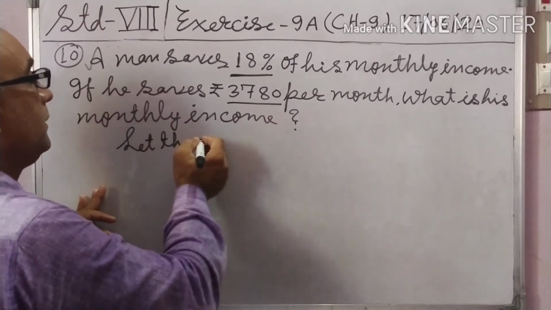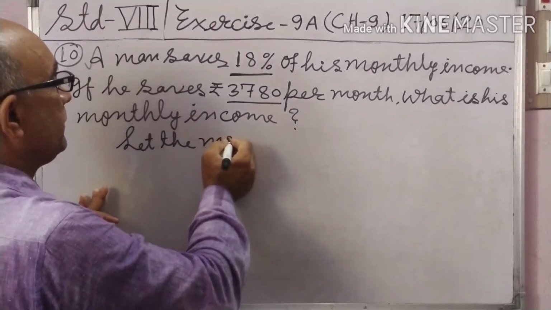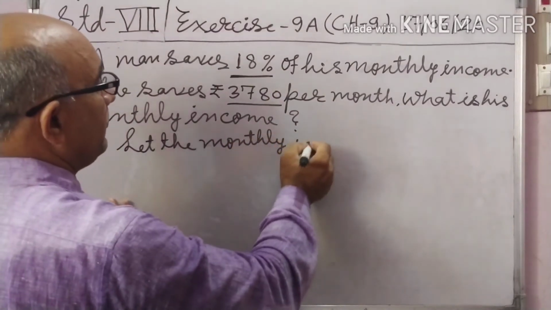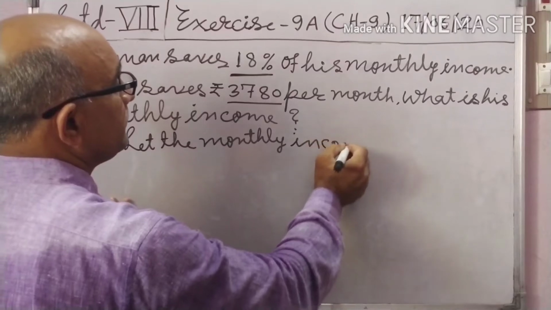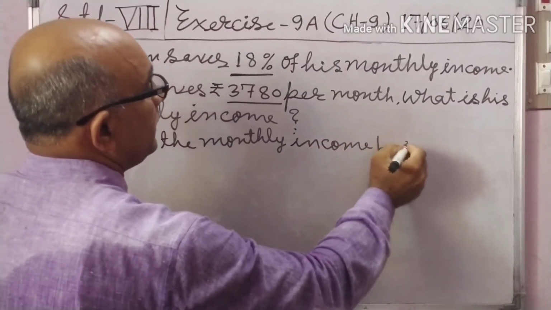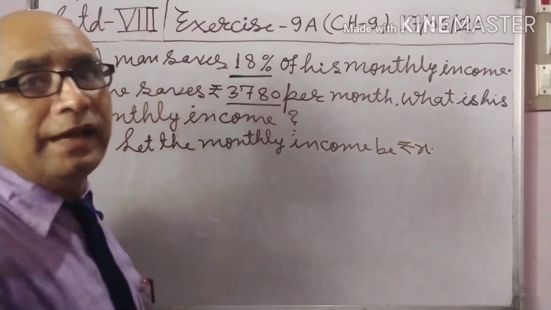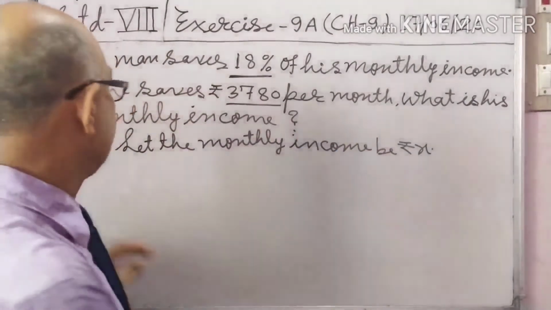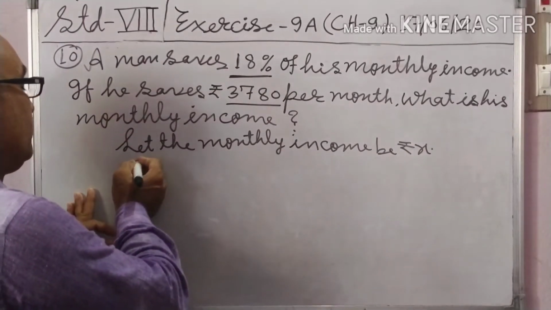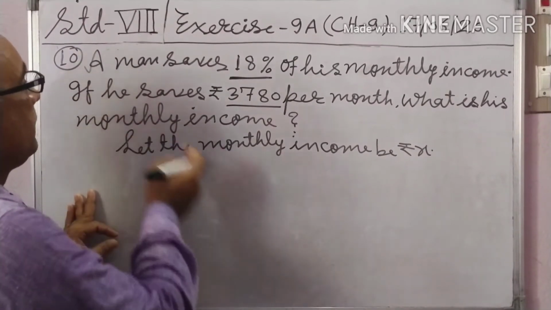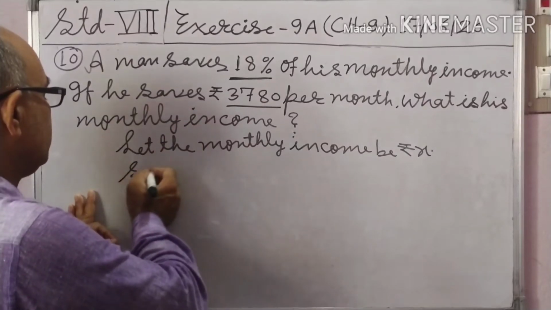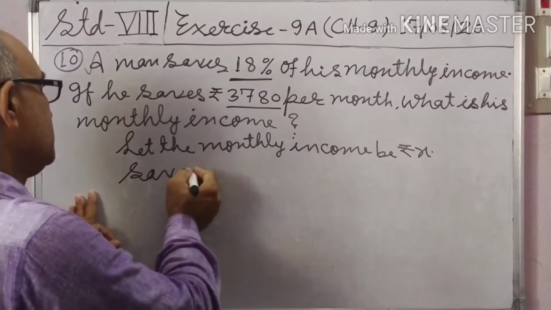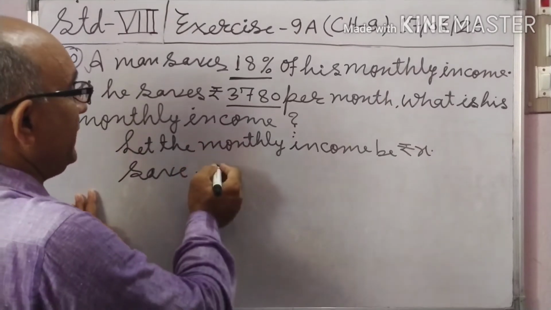So let the monthly income be rupees x. Let the monthly income be rupees x. According to the question, he saves how many percent? 18%.